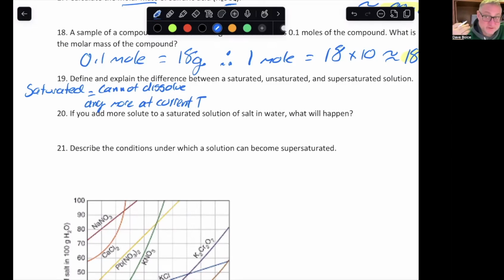So that's when you've reached the point you've dissolved as much as you can dissolve at that temperature. Before you get there, you would be unsaturated. And that means you can dissolve more.